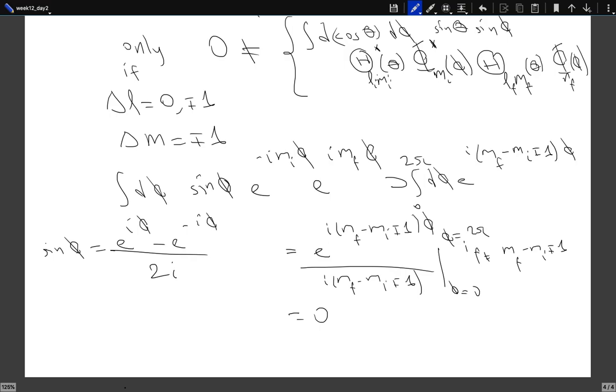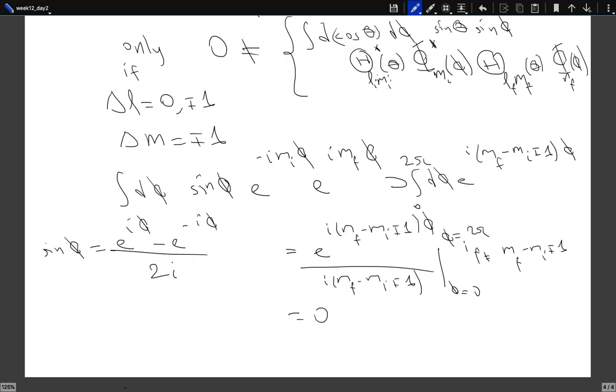So the only non-zero case will be when mf minus mi, this is the change in m, plus minus 1 is 0. Only in that case, that exponent is 0. So e to the 0 is just 1. The integral from 0 to 2 pi of 1 is just 2 pi.